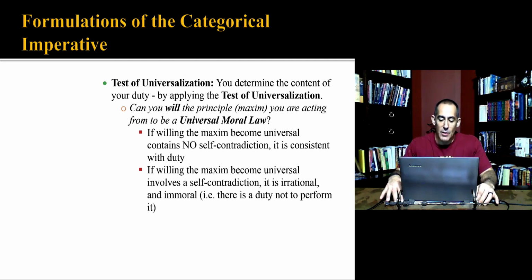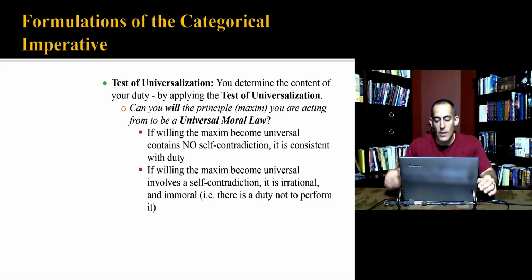All right, so you determine the content of your duty by applying the test of universalization. Can you will the principle or your maxim that you're acting on to be a universal moral law? If willing your maxim to become a universal law contains no self-contradiction, then we could say it's consistent with our duty.